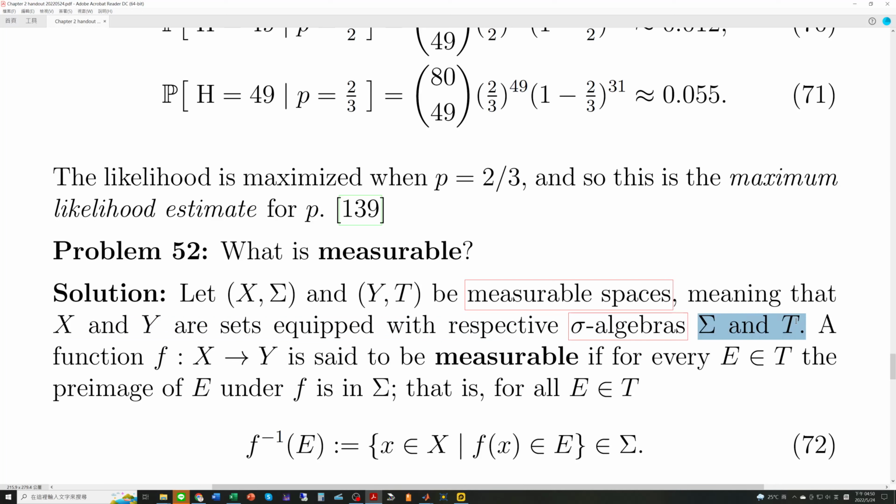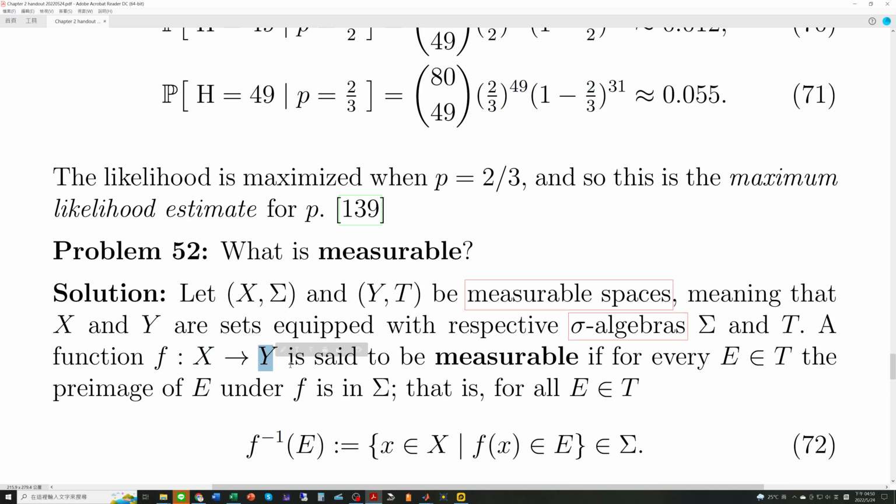A function f: X to Y. Do you remember what this means? This means that there is a function f. The domain of this function f is X, and the range of function f is Y.